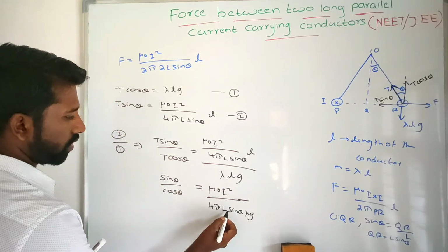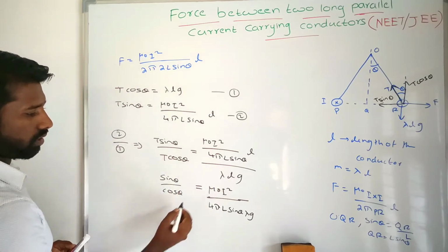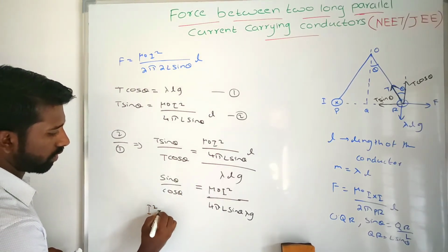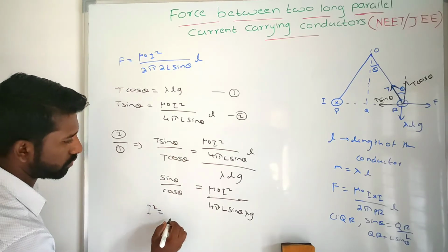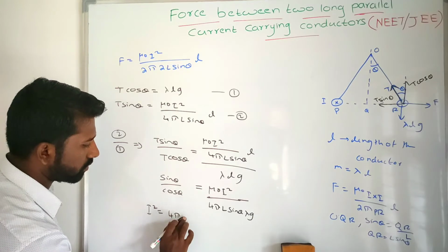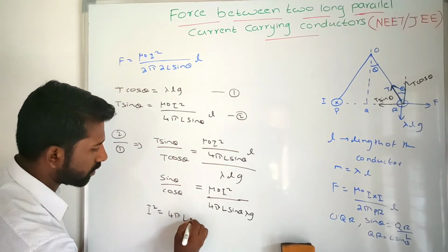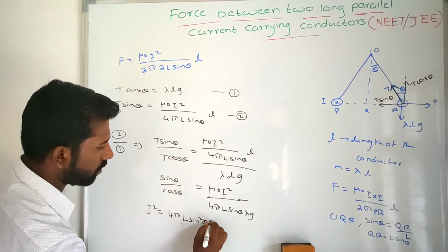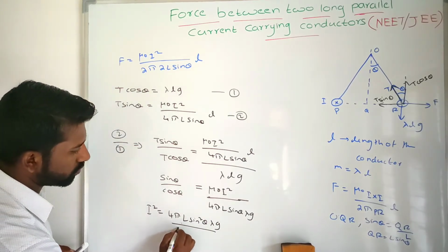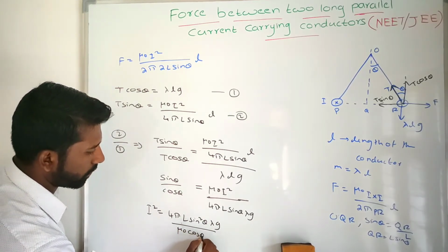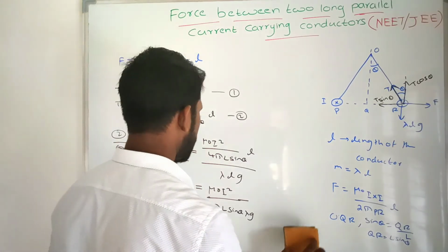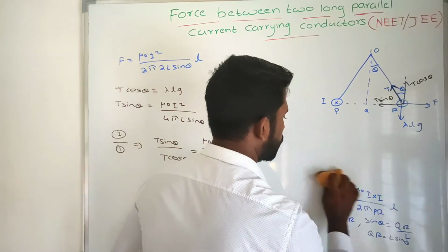Now I am taking this to this side and this to this side, so that we will get I square. So I square is equal to 4 pi L, that is a capital L, sin square theta lambda G divided by mu 0 cos theta. From this you can find out the I value, take the square root.